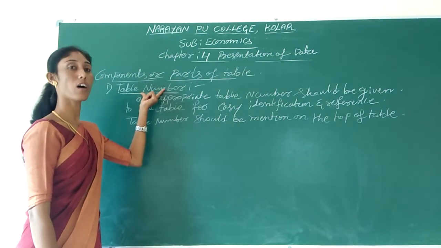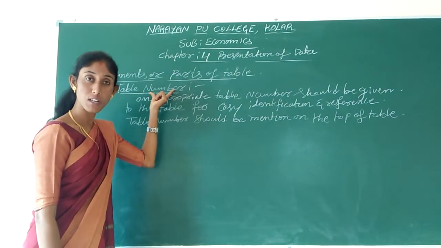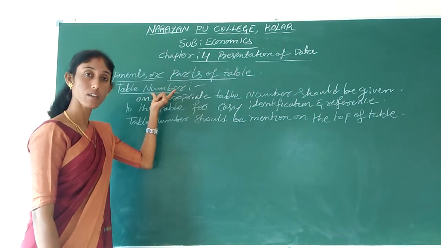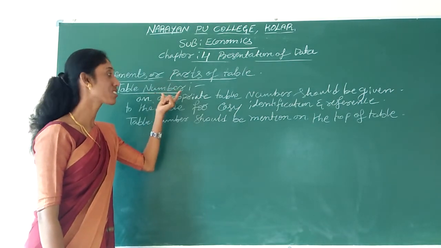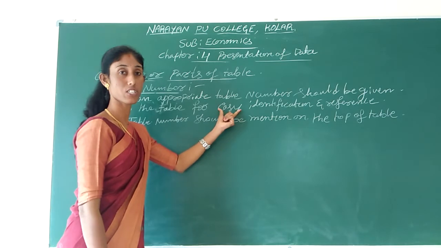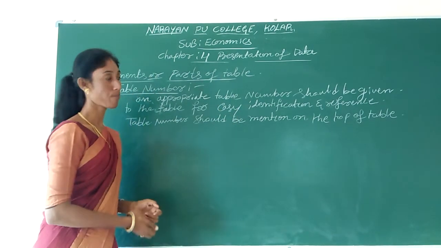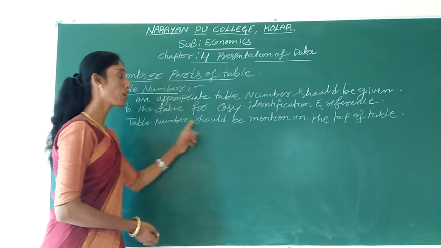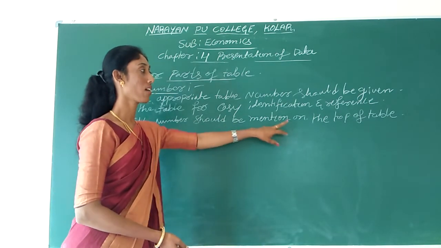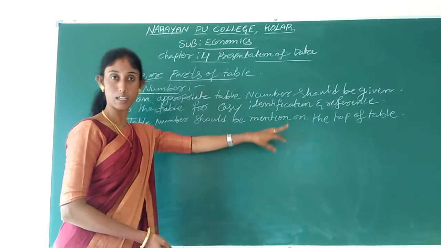First we need to give an appropriate table number. Why do we need to give a table number? For the easy identification and reference of a data. And always the table number should be mentioned on the top of a table.